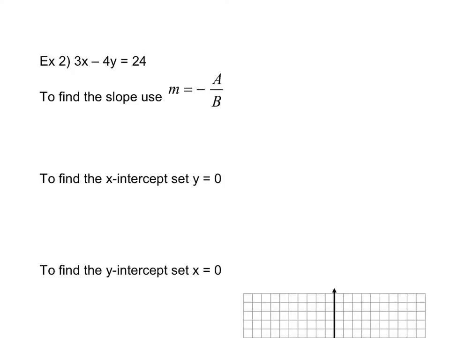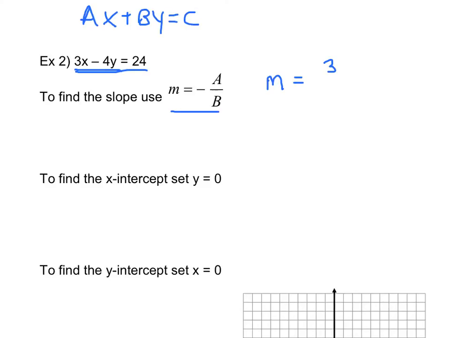We have 3x minus 4y equals 24. That's our example. If we want to find the slope, we can use our formula m equals, and then we'll put a on top. A is a 3. Remember we need to know that it's ax plus by equals c.